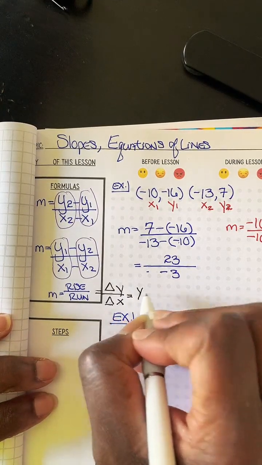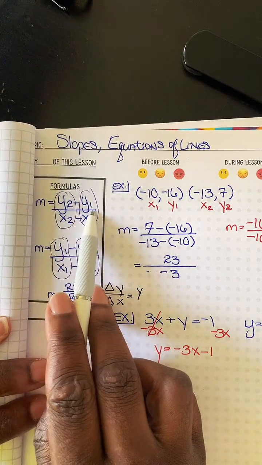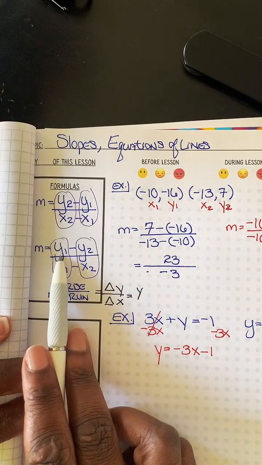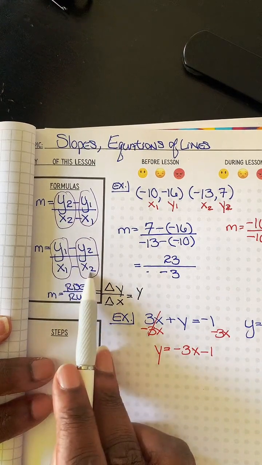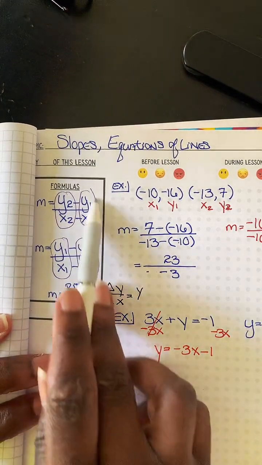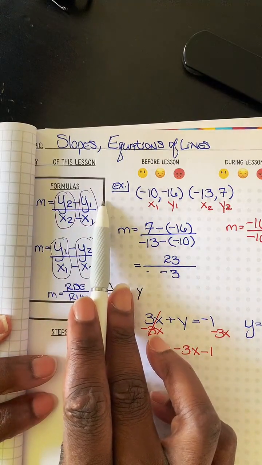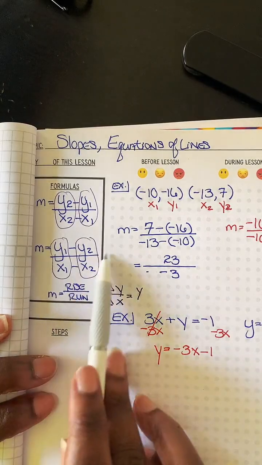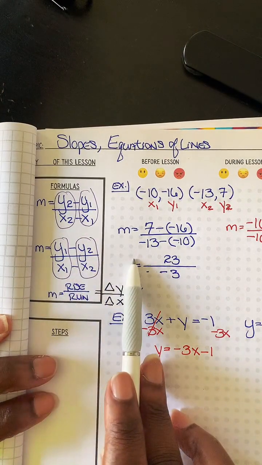Either you're going to say, as it says up here, y sub 2 minus y sub 1 over x sub 2 minus x sub 1, or we can do y sub 1 minus y sub 2 over x sub 1 minus x sub 2. The reason we see this is because a lot of nations read from right to left, but here in the States we read from left to right.